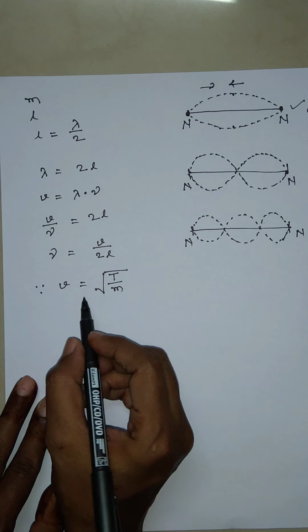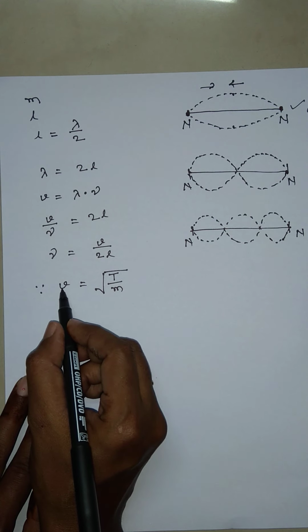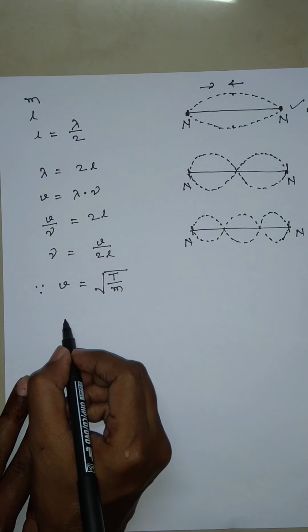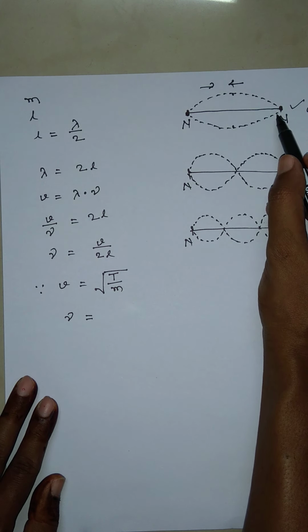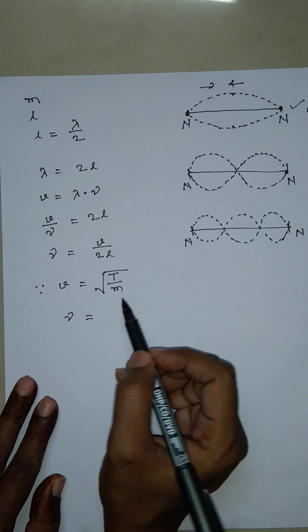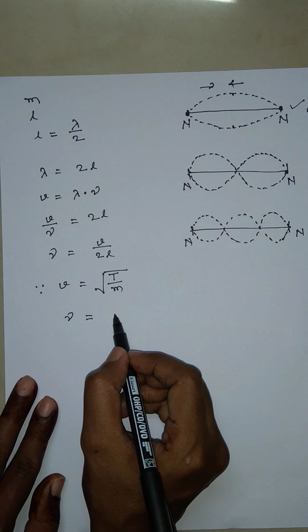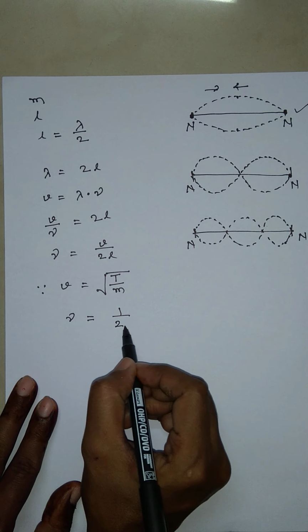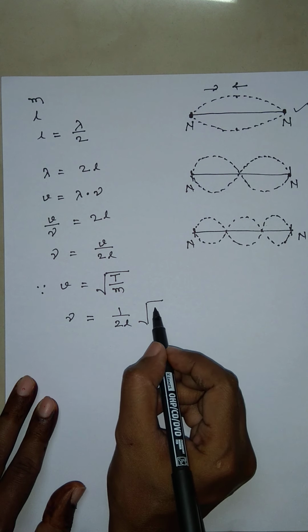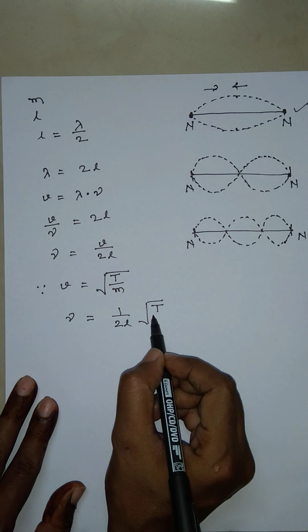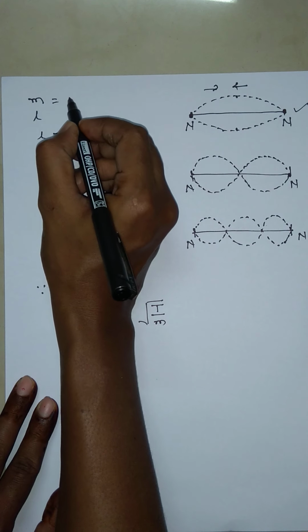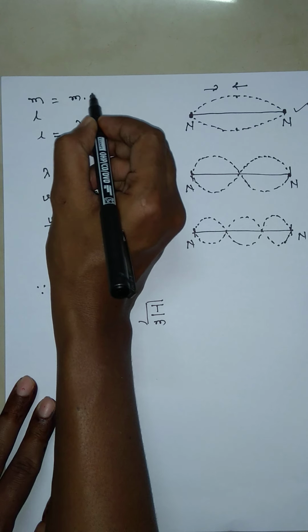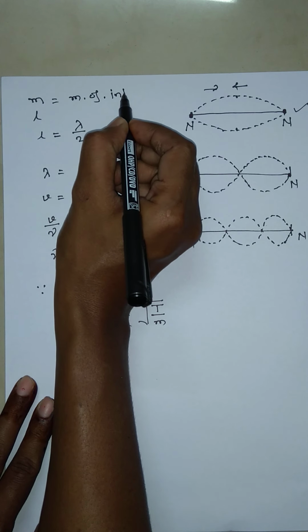So substituting this expression for velocity here, we will get the expression for frequency by which you can generate one loop in this stretched string as 1 upon 2L under the root of tension in the string upon moment of inertia m, where this m is nothing but the moment of inertia.